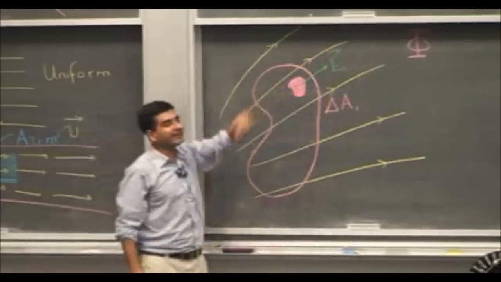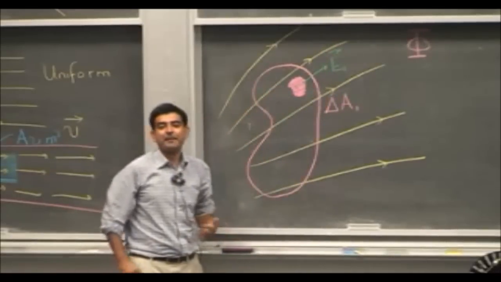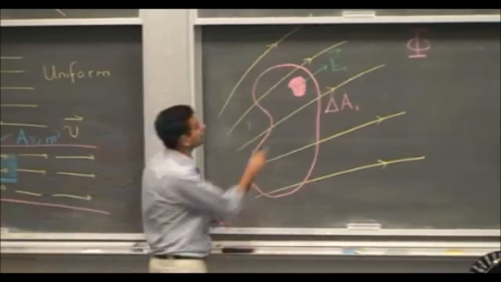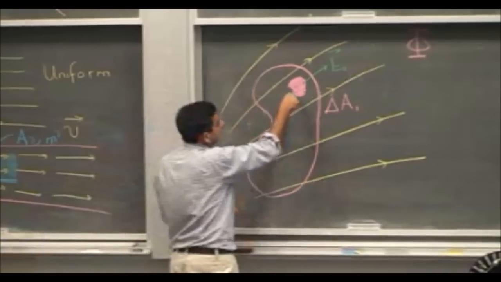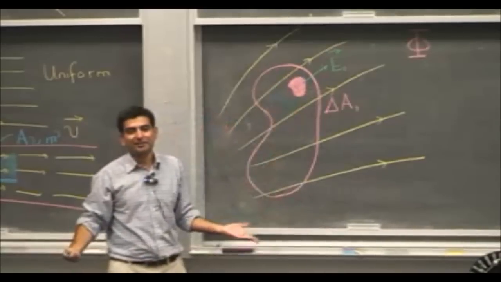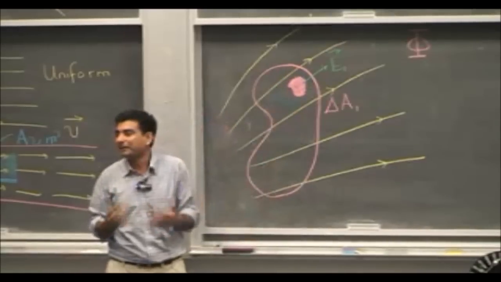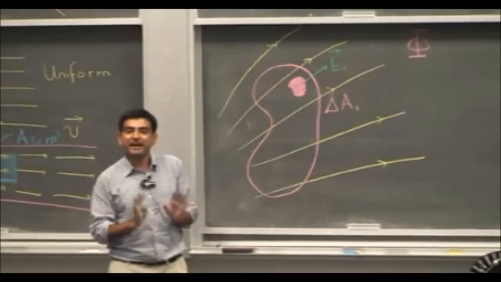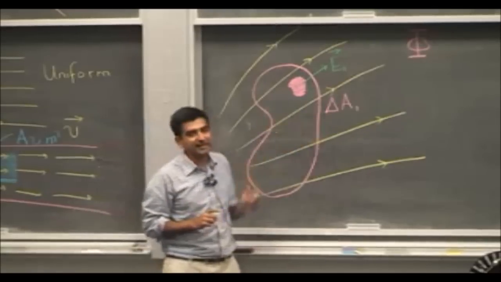Now where do I take the electric field on this patch? I am at liberty to choose whatever point I like. I can choose the electric field at the midpoint, at any other point on the perimeter, anywhere I like. But if I make this patch smaller, my liberty decreases. Okay? So I make this patch small enough, and that's why I put this delta here.